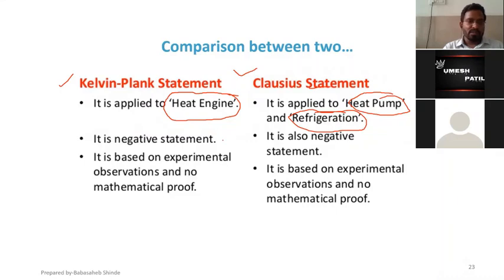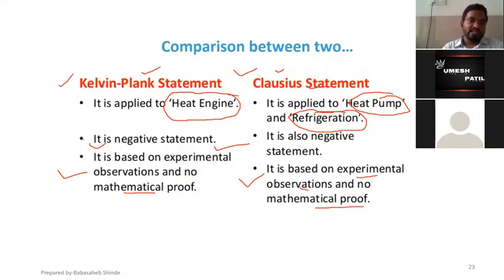Both are negative statements and both are based on experimental observations. There isn't any mathematical proof to either Kelvin-Planck or Clausius statement. Both are experimental observations.